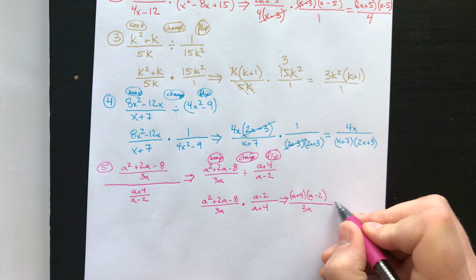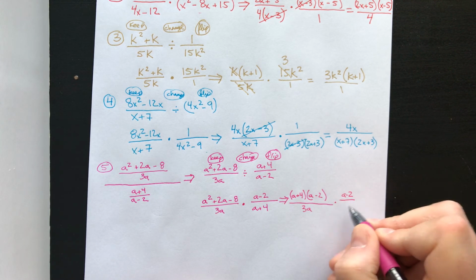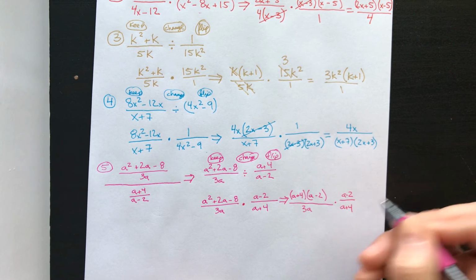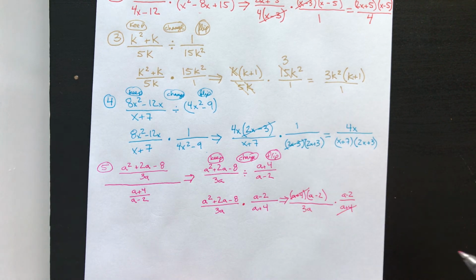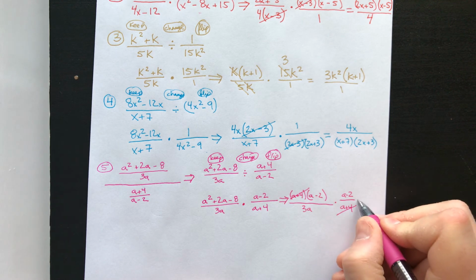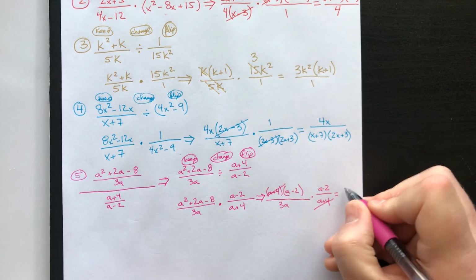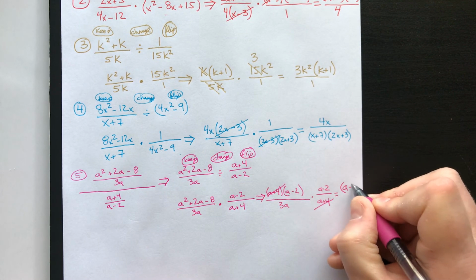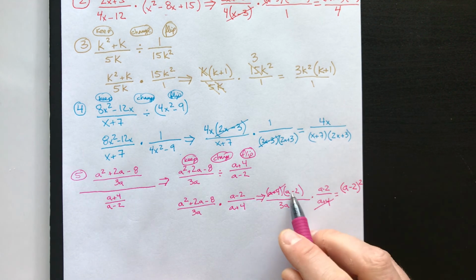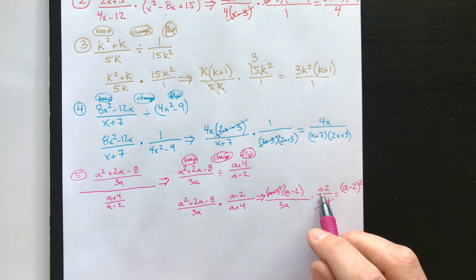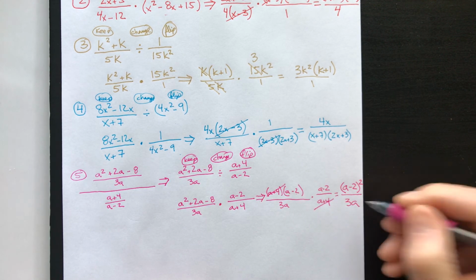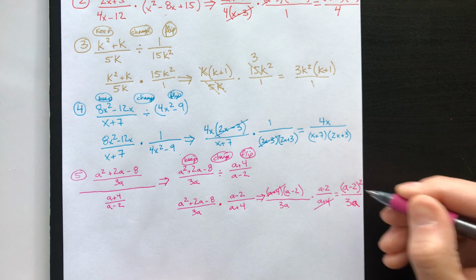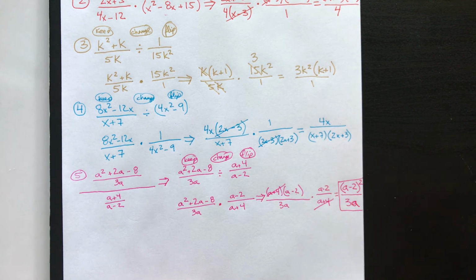And then times a minus 2 all over a plus 4. Well, the a plus 4's cancel. So I'm left with, my final answer is a minus 2 squared, because we have two of them. a minus 2 times a minus 2 all over 3a. There's my answer.